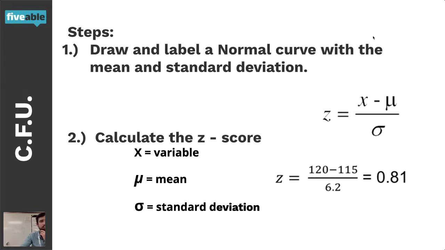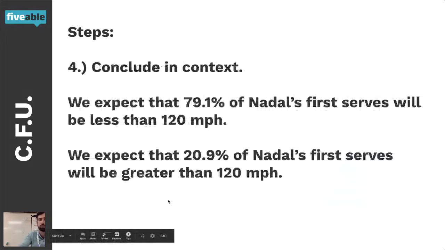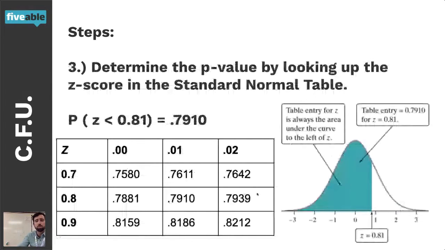I would then take that and find the area below that value using my table. So I go to 0.8 and then 1, and it looks like it's going to be right here, at 79.1%. So 79% of his serves are going to be 120 or less.